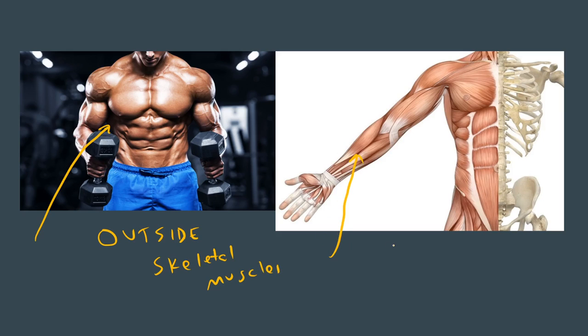These are the ones that you can control. They control your movement. But how they control the movement is we're going to do a little bit more with that, actually a lot more with that today.